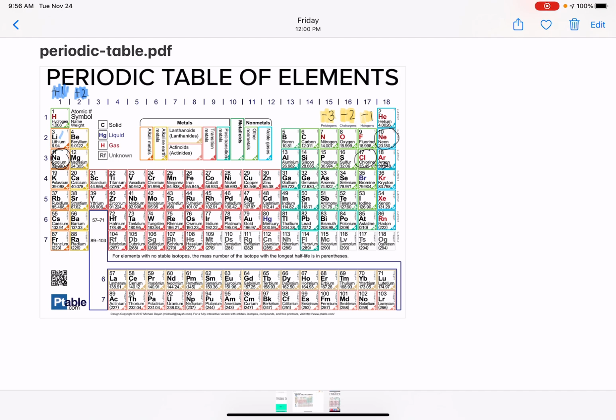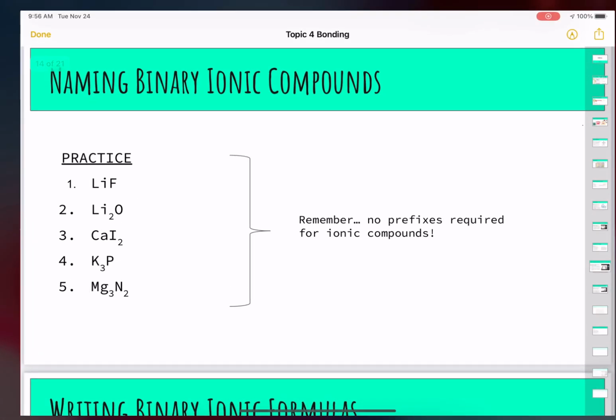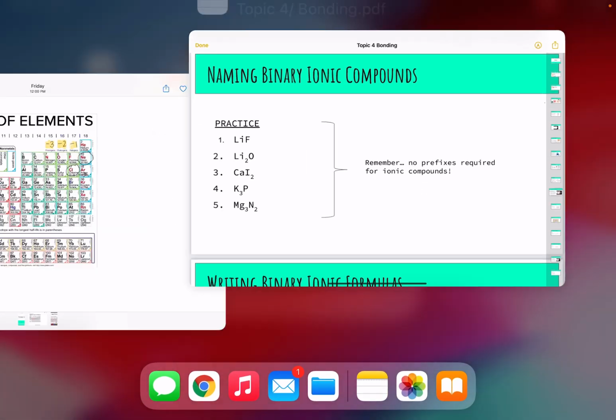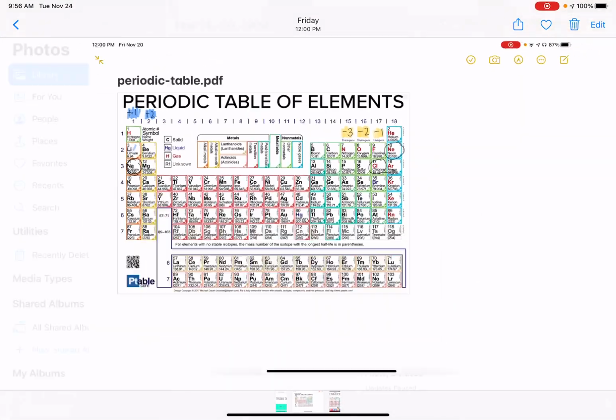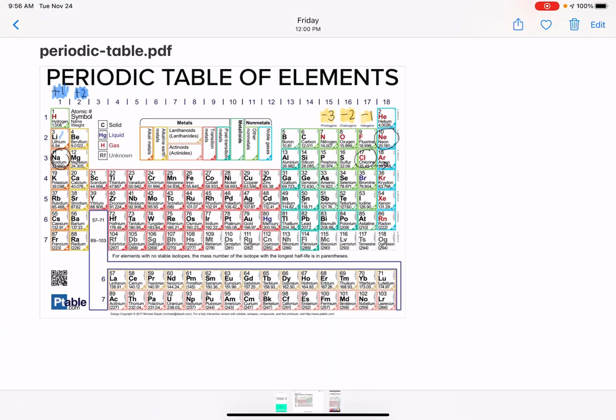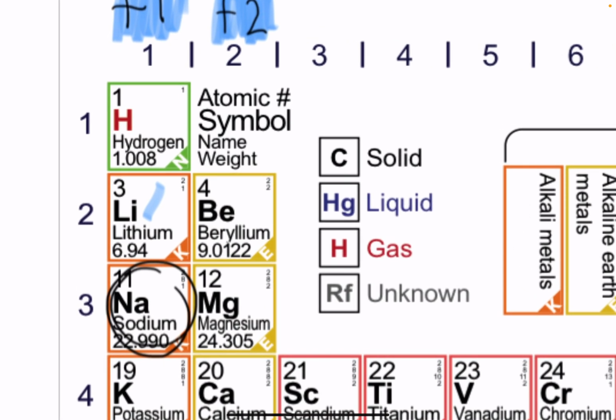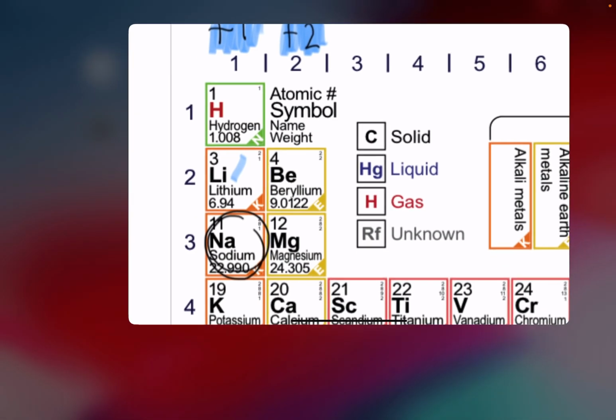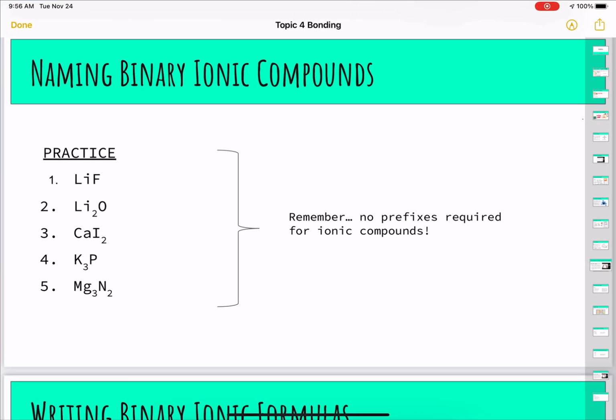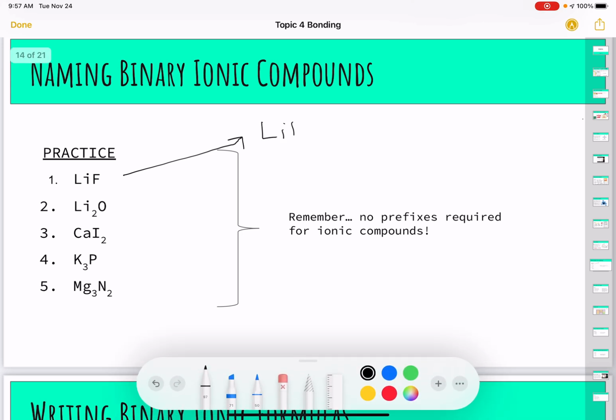Okay, so our first question here is LiF. If we go to our periodic table, we need to find Li and we need to find F. Li is number 3 right there, and that stands for lithium. So just draw an arrow here. The first Li is lithium.